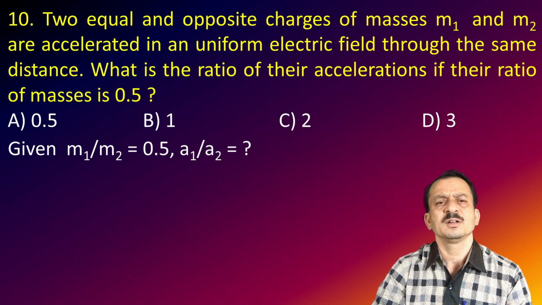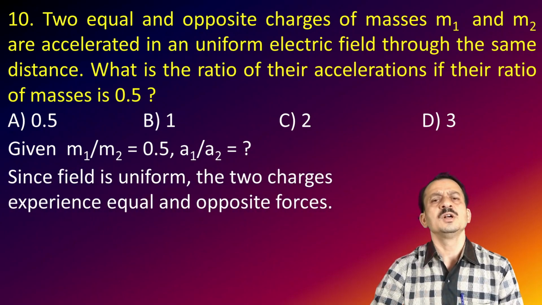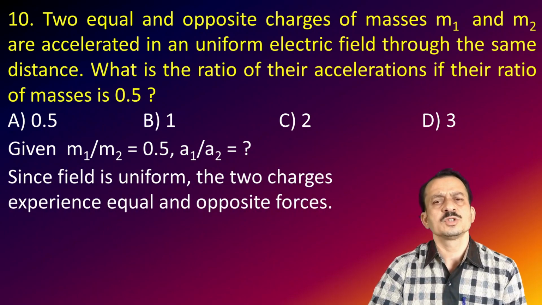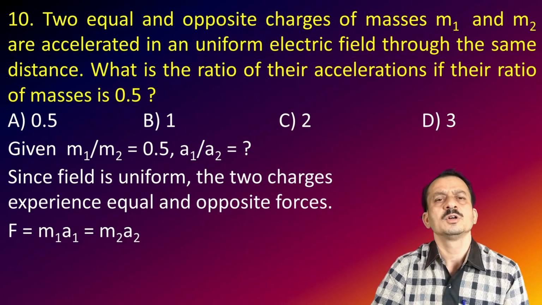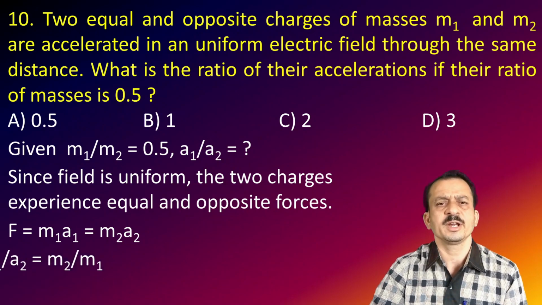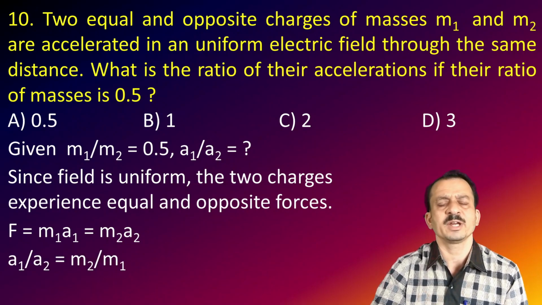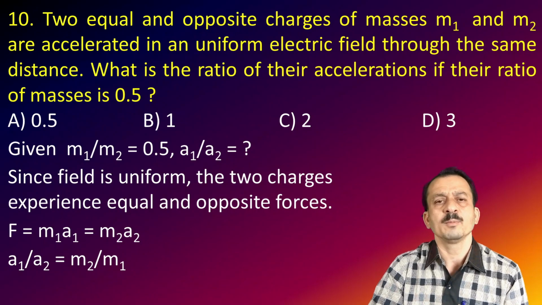Now here the ratio of the masses m1 by m2 is given as 0.5. We have to calculate the ratio of the accelerations. Since the field is uniform, the two charges will experience equal and opposite forces. Therefore, F1 is equal to F2, that is, m1 a1 is equal to m2 a2. So from this, a1 by a2 is equal to m2 by m1.